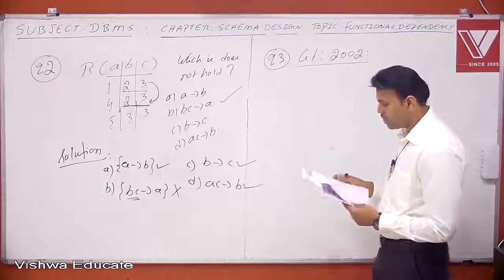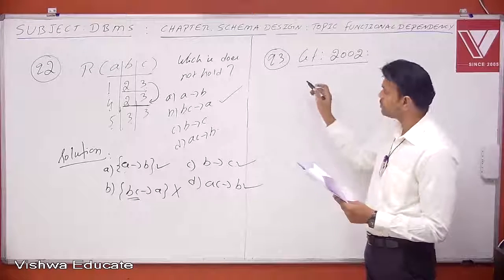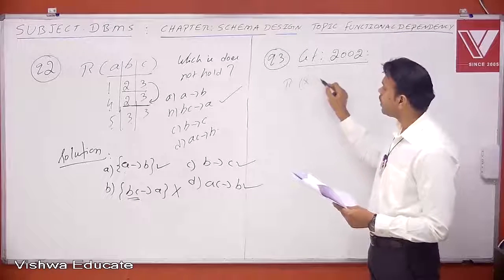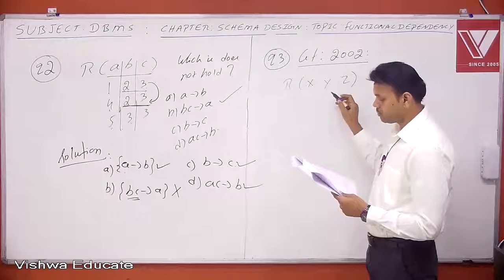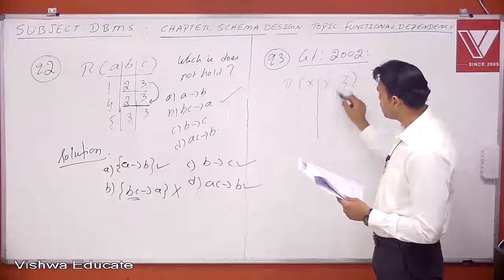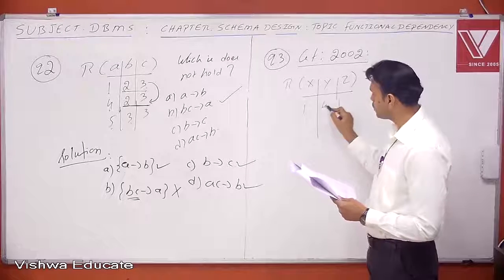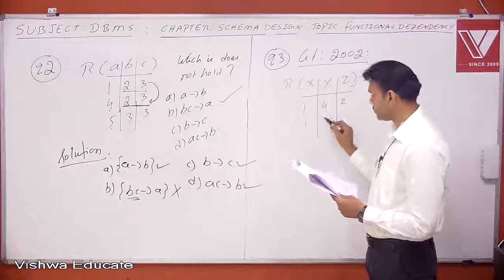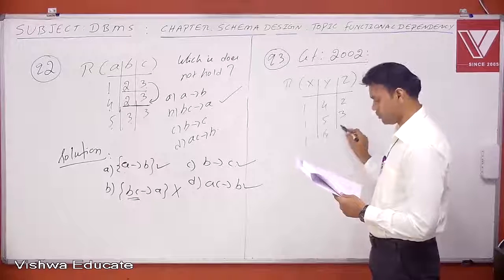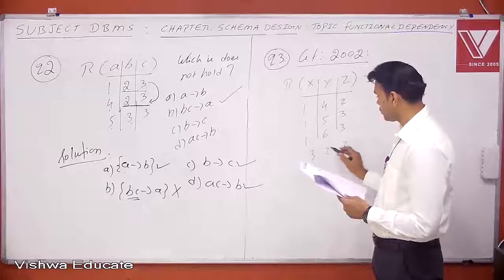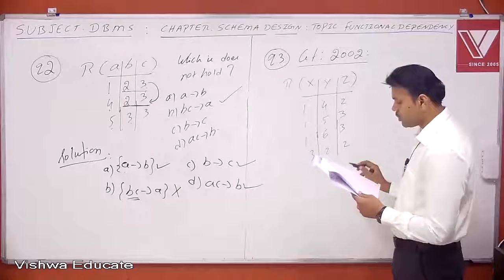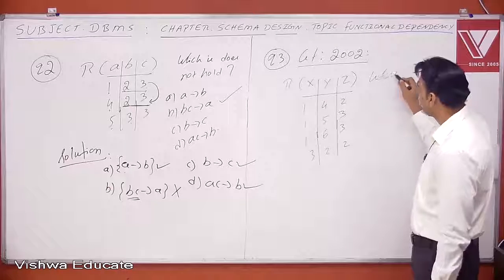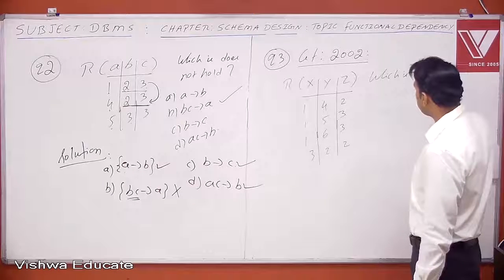He asked a very similar question. R is given as XYZ and some tuples are present. He is asking which is satisfied.